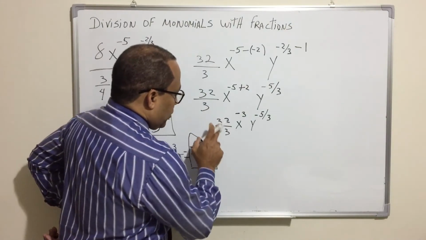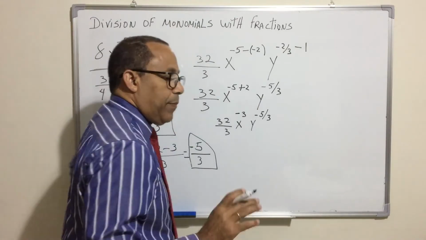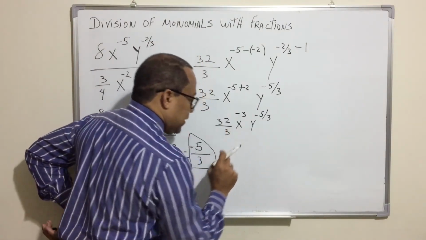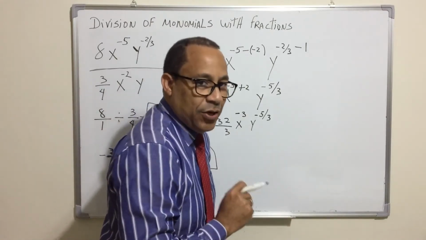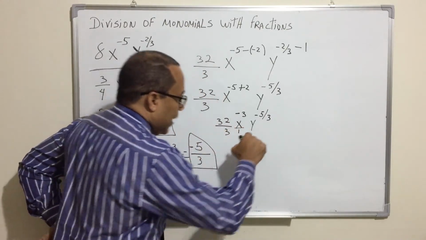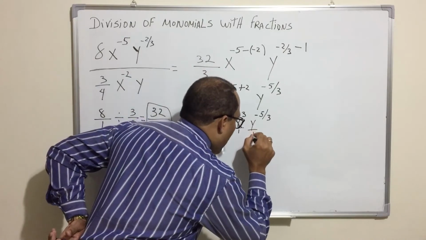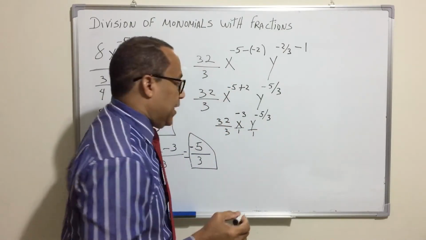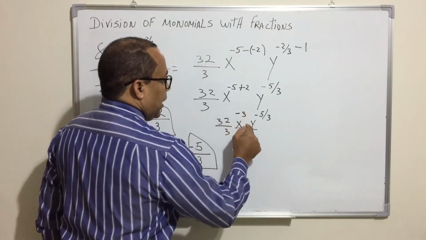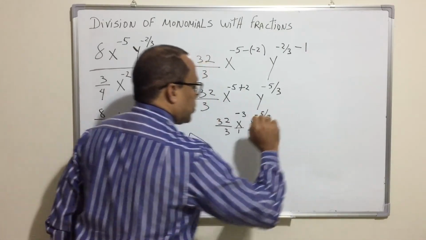But this is what I want to show you. It says 32/3 x to the negative 3 y to the negative 5/3. But be aware that this x has a denominator, which is 1. And this y also has a denominator, which is 1. So what I'm trying to say is that the 32, the x to the negative 3, and the y to the negative 5/3 are numerators.